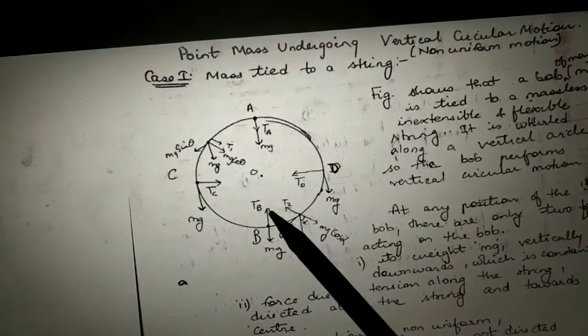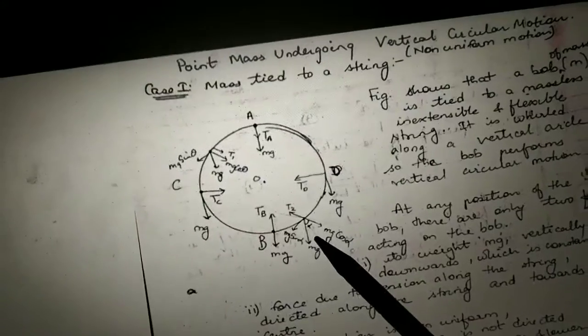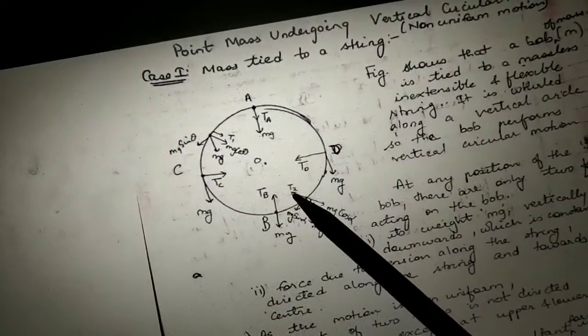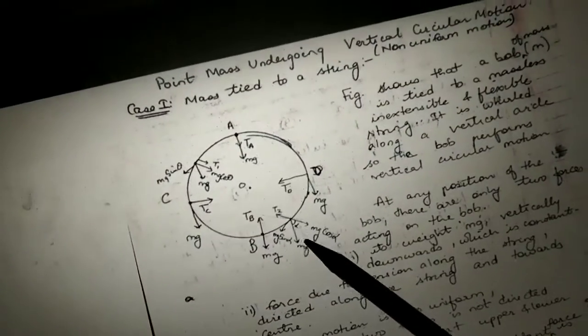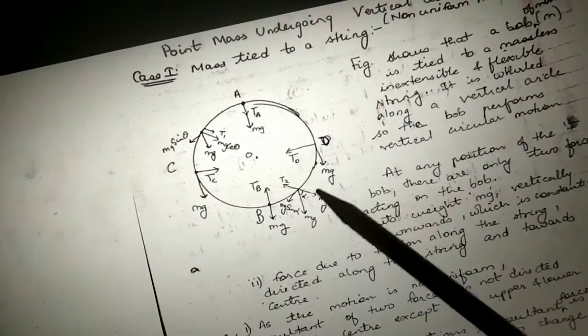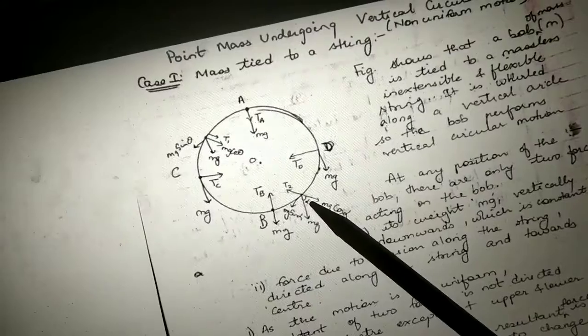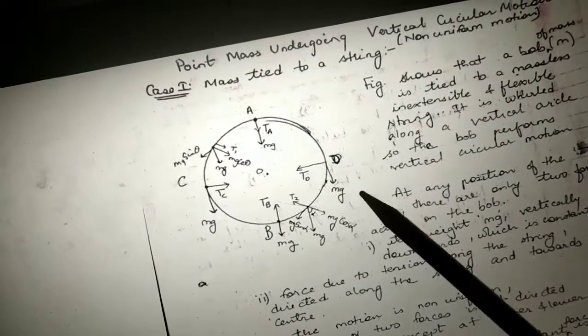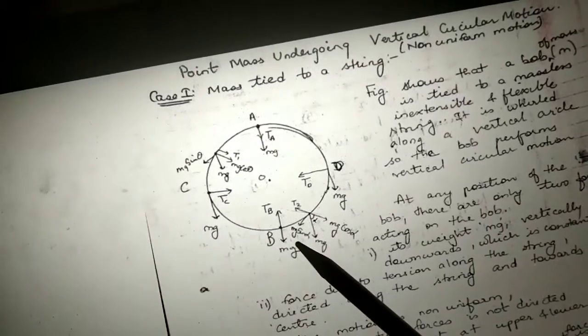These 2 are not equal and opposite, so we resolve mg. Taking an angle alpha and dropping perpendiculars, we get mg cos alpha and mg sin alpha.